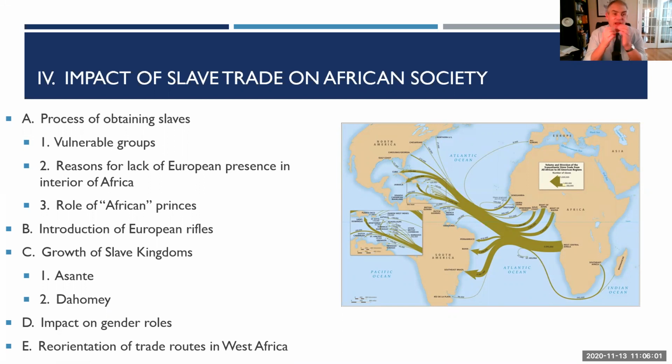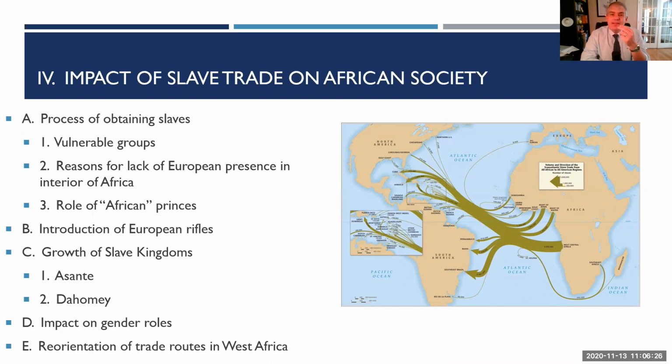Oftentimes the focus is going to be on males, young males, because of the nature of the work of the plantation system, but it's also going to include females. But males are going to be the primary target. And you want to keep in mind, and this is true of slavery throughout history, that it always targets the vulnerable groups.